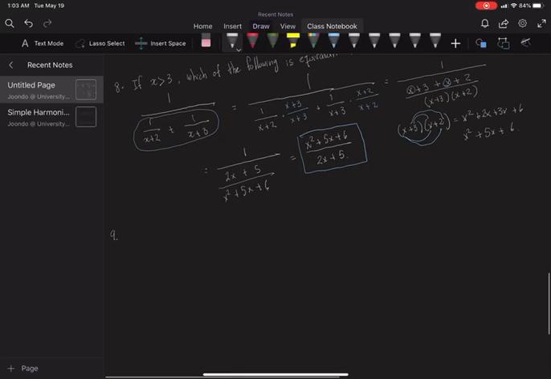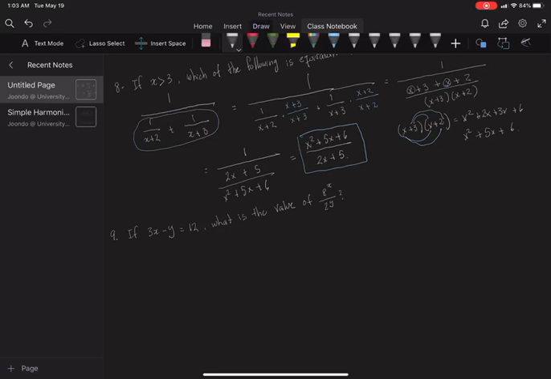9, right? If 3x minus y is equal to 12, what is the value of 8 to the power of x over 2 to the power of y?